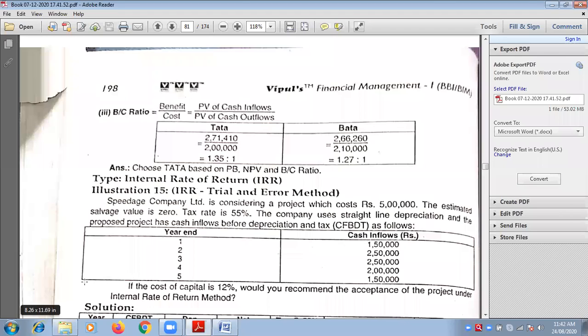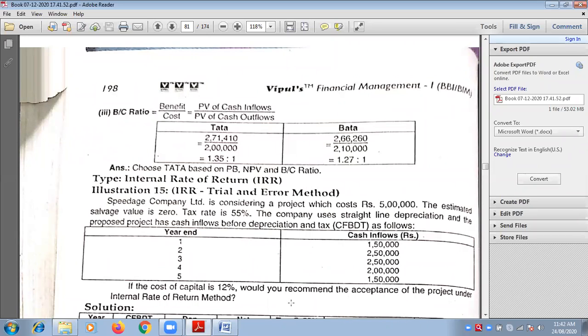Yes, Priya has written 2 steps: less depreciation, less tax. Very good. In the last, it says if the cost of capital is 12%, would you recommend the acceptance of the project under IRR method? But now we are not looking at this sentence. Cost of capital 12% is nowhere used in the ARR method, we don't need that.